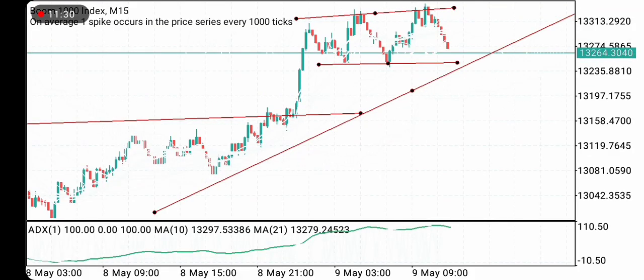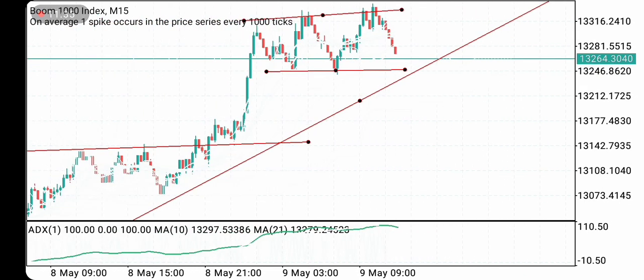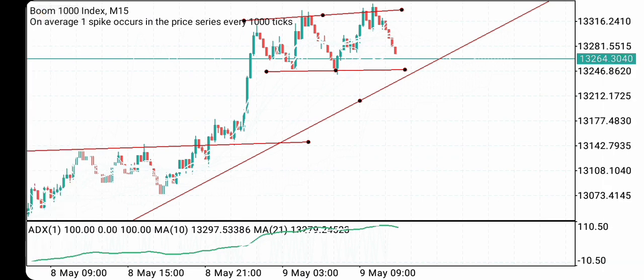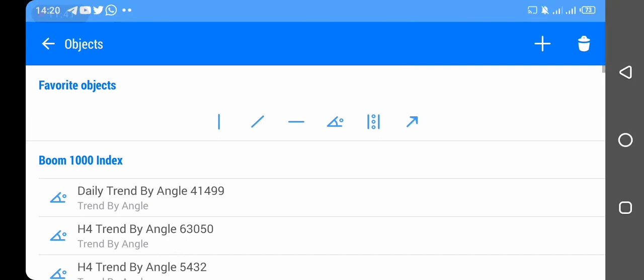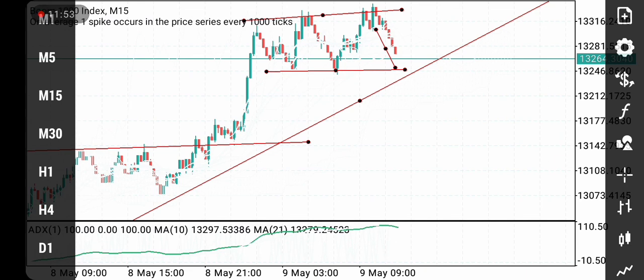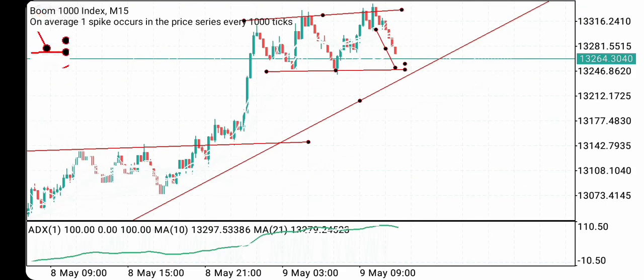You can see the market is not moving more than the two drawn lines. So when the market gets here to the support line, you can simply wait for your confirmation that the market is going upward again.